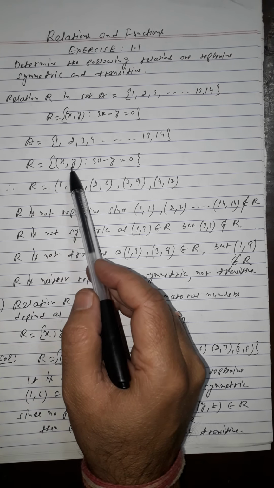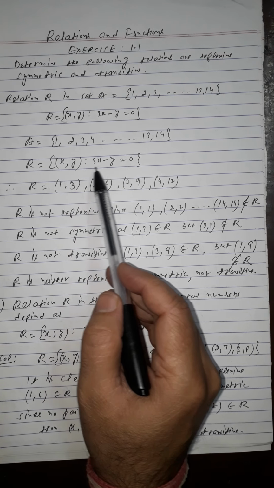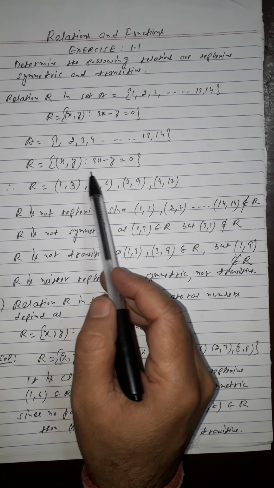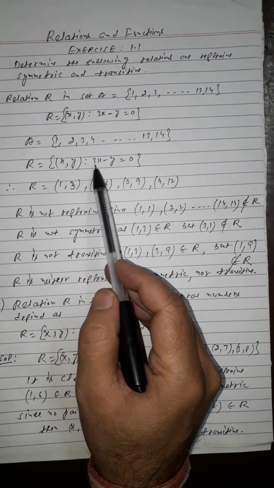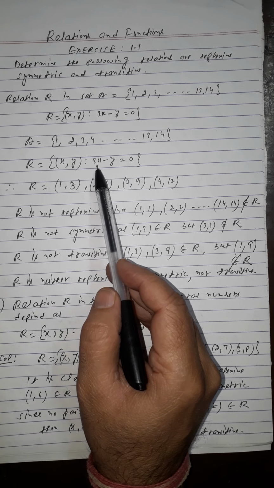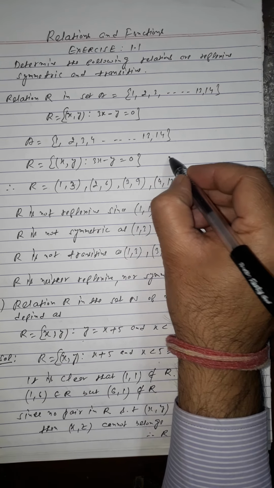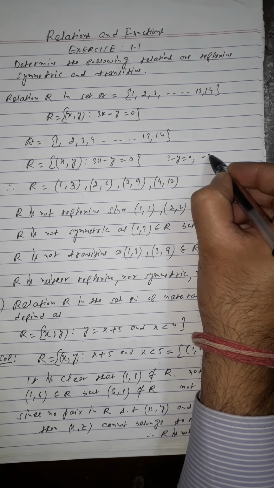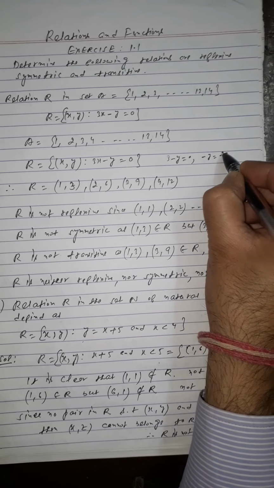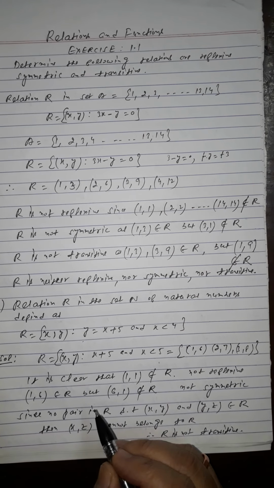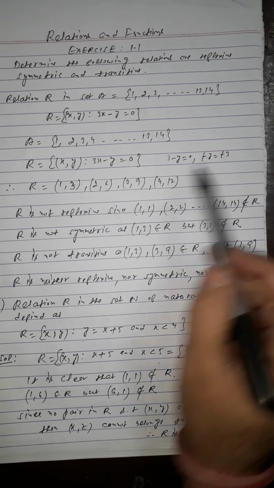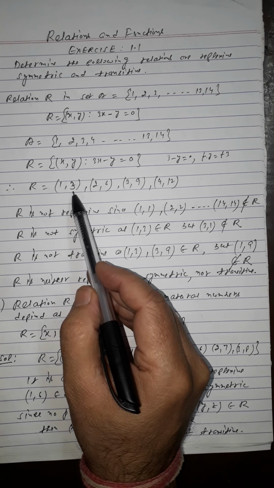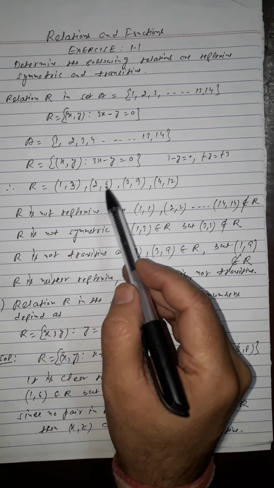From here we will put the value of x as 1. So it will come as 3 minus y equal to 0, or minus y is equal to minus 3, meaning the value of y will be equal to 3. When x is equal to 1, the value of y will be 3.